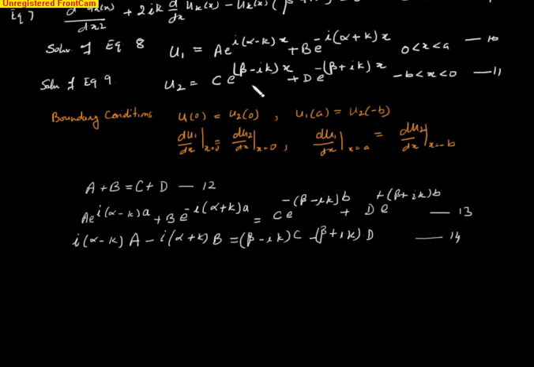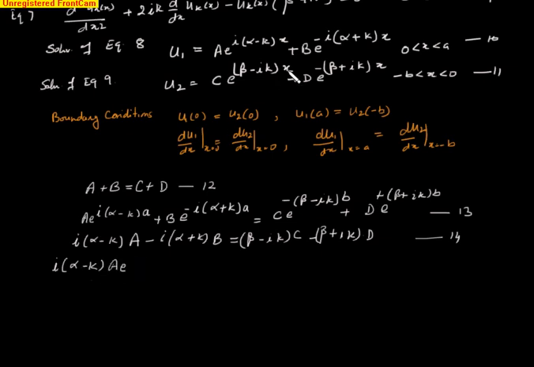Now the last condition is I have to differentiate these two terms, and in u1 I will put a here, and in u2 I will put minus b. So naturally what we get is this kind of term on differentiation, the same term, but the only thing is I have to put a here. So I will get (iα − k) times a e to the power of that term.